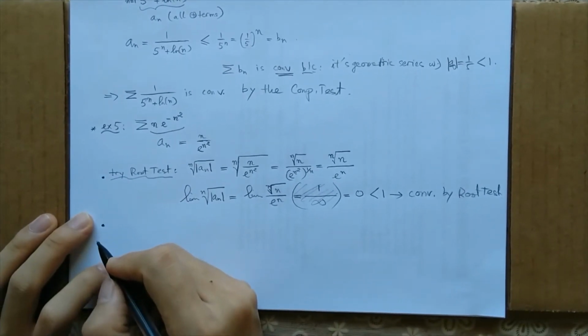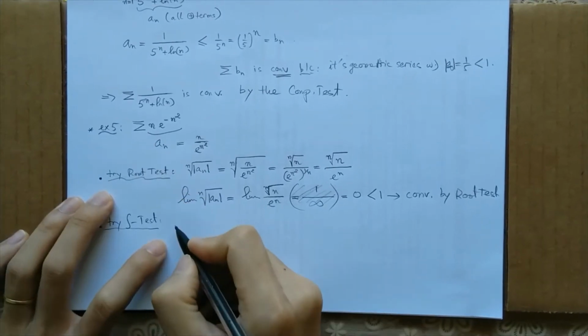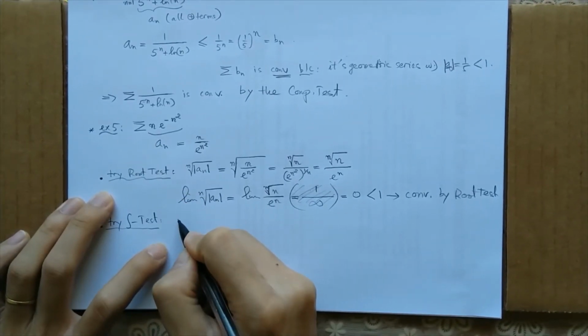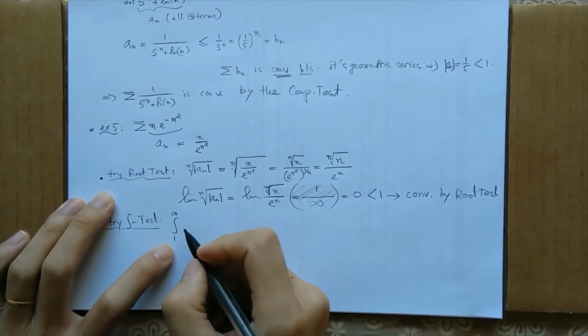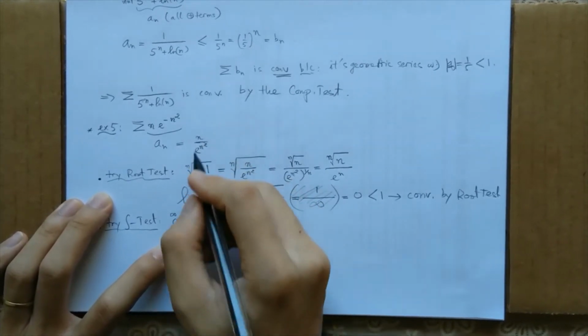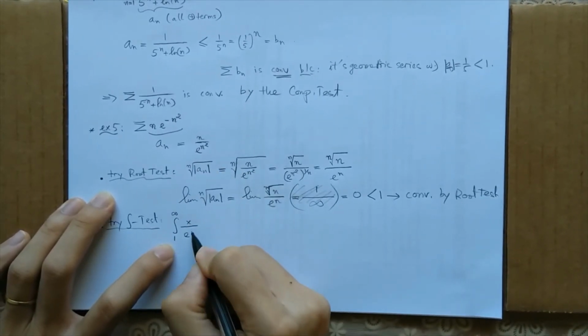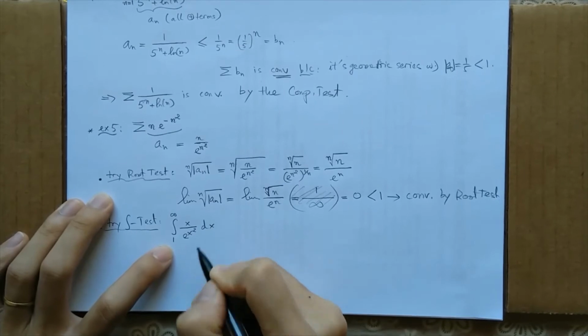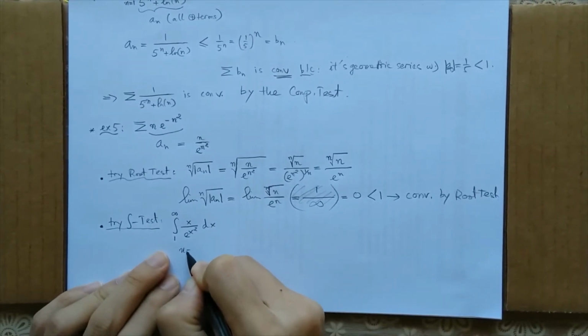You can try the integral test as well because this is a series with all positive terms. For the integral test, you test the corresponding improper integral from 1 to infinity of x over e to the x squared dx. You can make a change of variable, a substitution here.